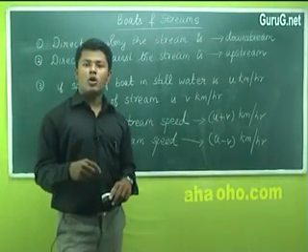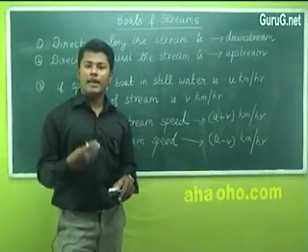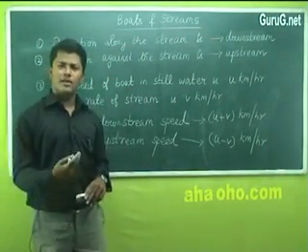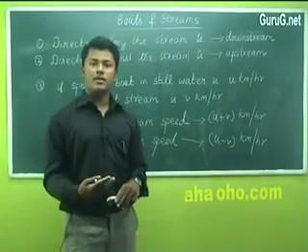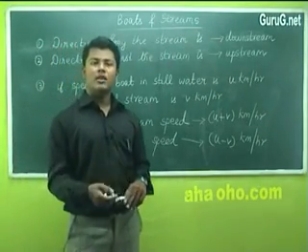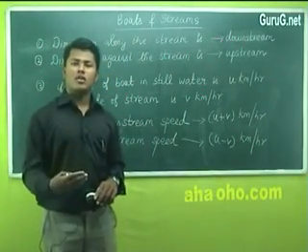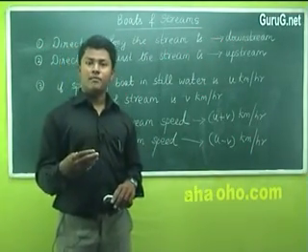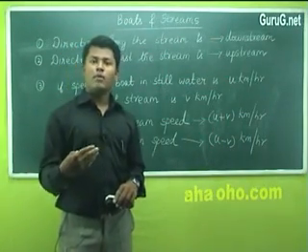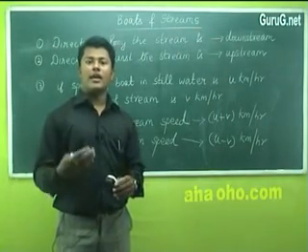So the motion of bodies in this flowing water and the problems related with it comes under this category of boats and streams. It is a very simple topic as well as a very interesting topic, and the formulas are very simple, very limited. The only thing is that we should know the very logical concepts of relative speed. What is the speed of a moving body while it is traveling along the stream or against the stream?